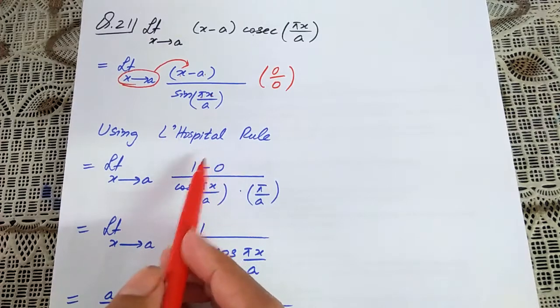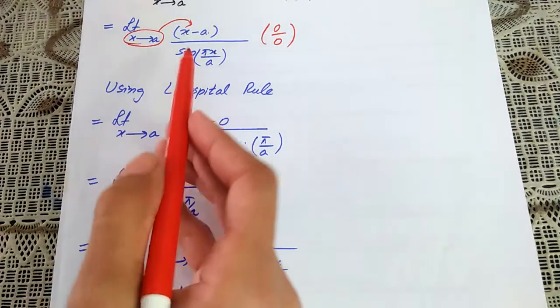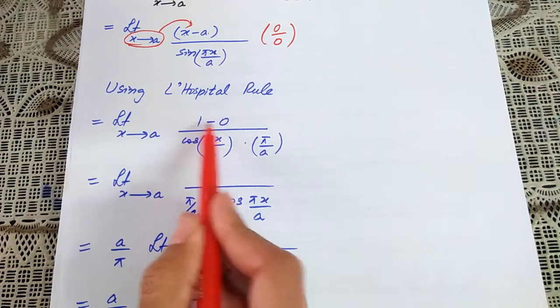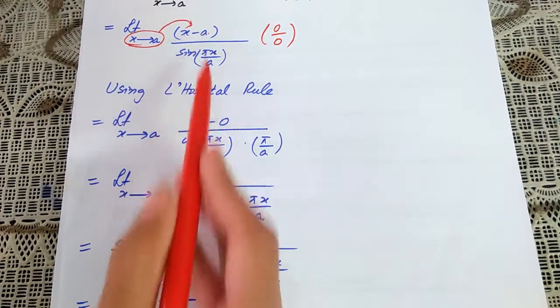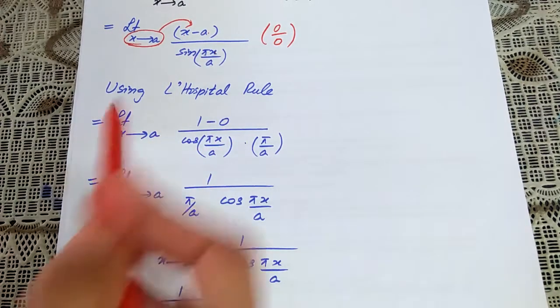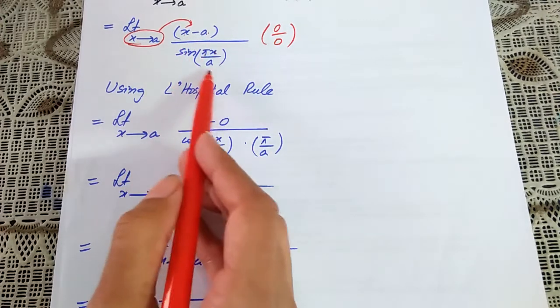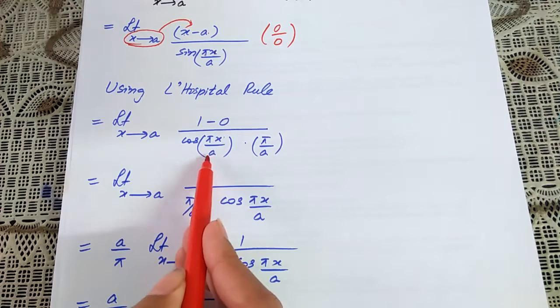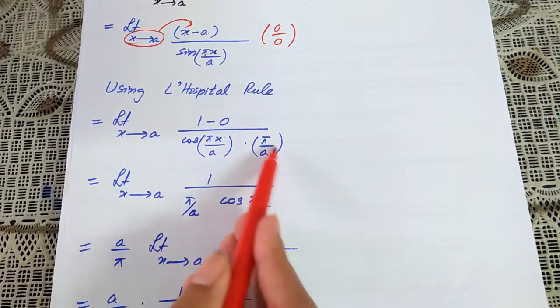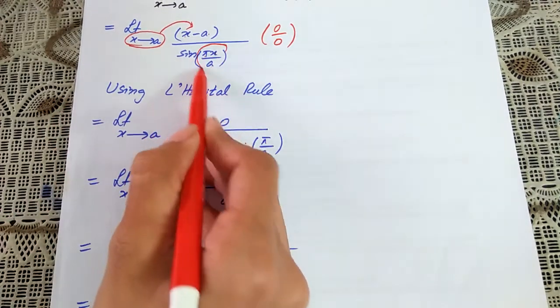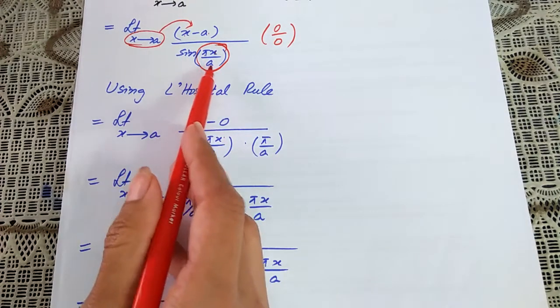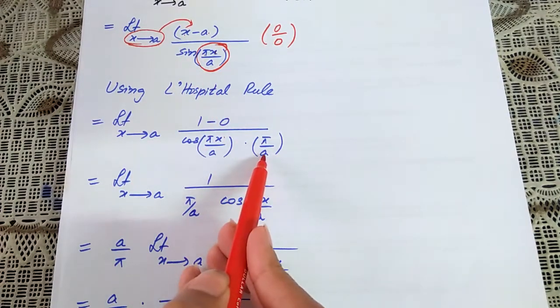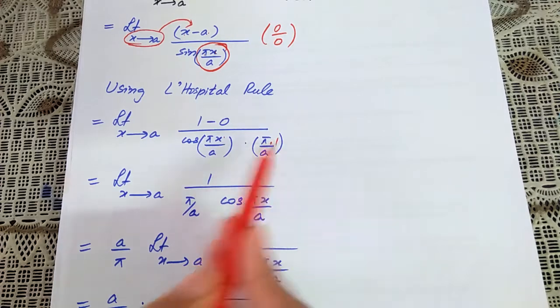Using the L'Hopital rule, limit x approaches a, take the derivative of the numerator, that is 1 minus 0. A is treated as a constant, so it has derivative 0. Sine of pi x over a: its derivative will be cos (pi x over a), and the derivative of the angle pi x over a is pi over a, since pi over a remains as a constant and x gives derivative 1.